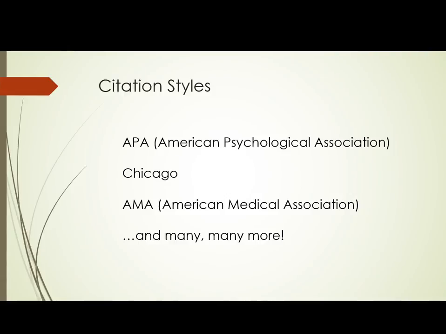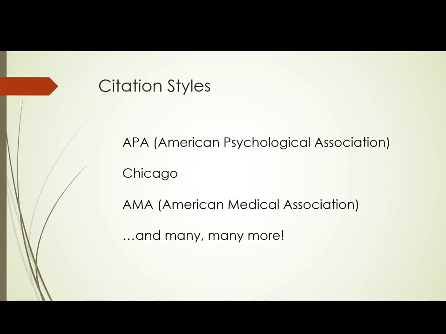So we have talked about MLA citation style, but there's also APA, which is used by the American Psychological Association. So if you're in a psychology course, that's probably what you're going to be using for your papers. There's also Chicago, which is used by the humanities and history.